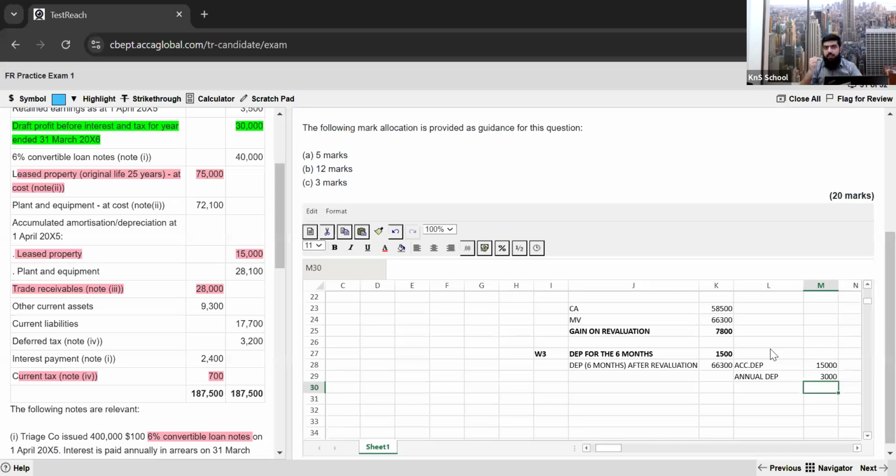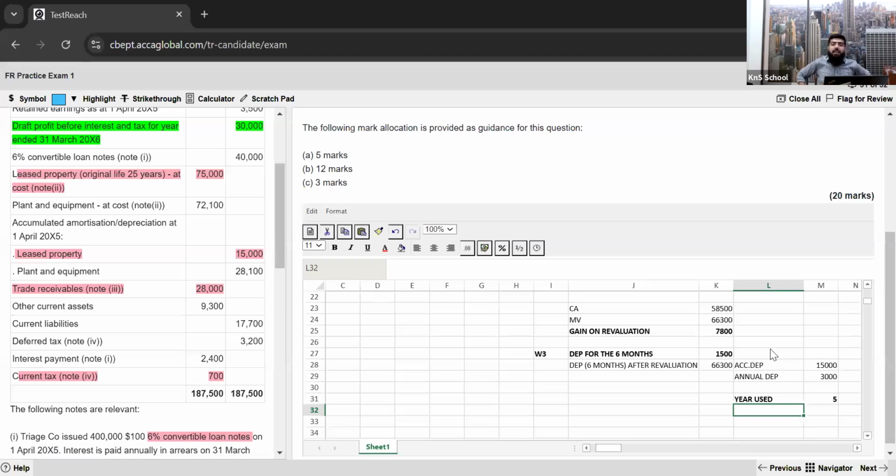So every year we have a depreciation of 3,000 and total depreciation is 15,000, which means that the formula to calculate how many years we have used is accumulated depreciation divided by annual depreciation. I repeat, accumulated depreciation divided by annual depreciation, which means that the years we have used that asset is 5 years.